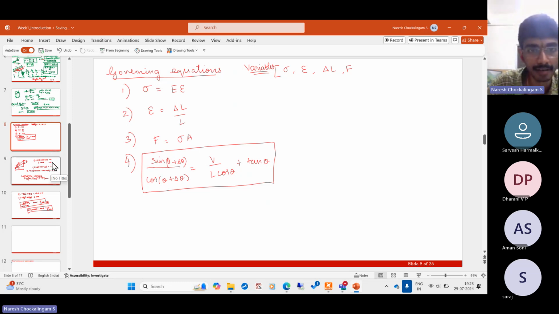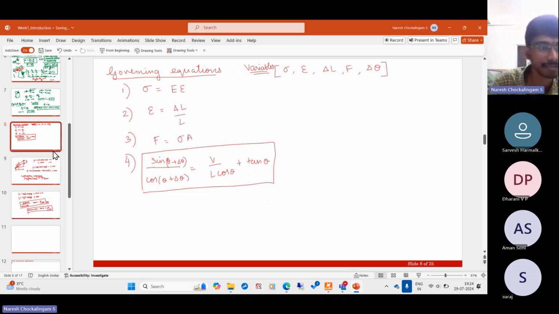Now let us see what can be done. So this introduces another variable, which is delta theta. So you have 5 variables and 4 equations. You still need one more equation. What is it?